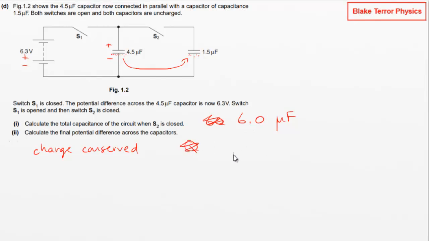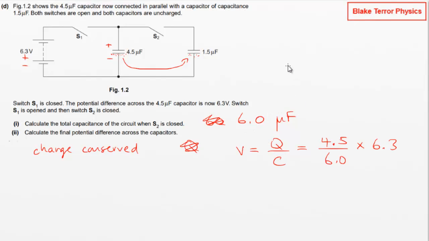So our voltage is equal to the charge divided by the capacitance. To get the final potential difference, we've got the same Q, so we're now going to 4.5 over 6.0 multiplied by our initial voltage, because the charge is exactly the same.